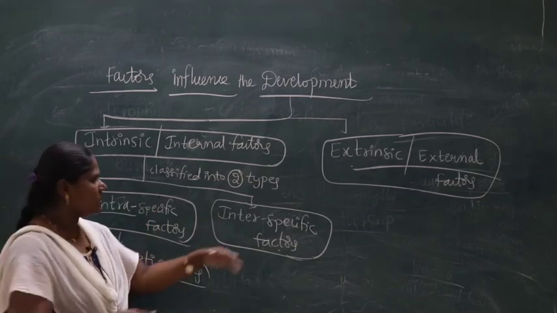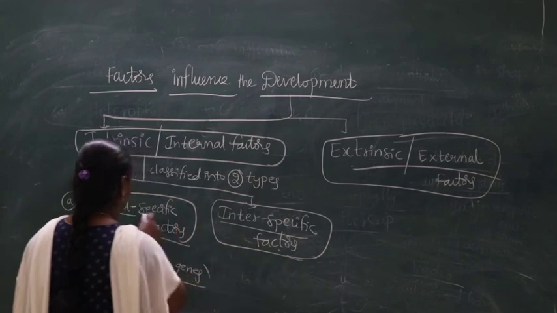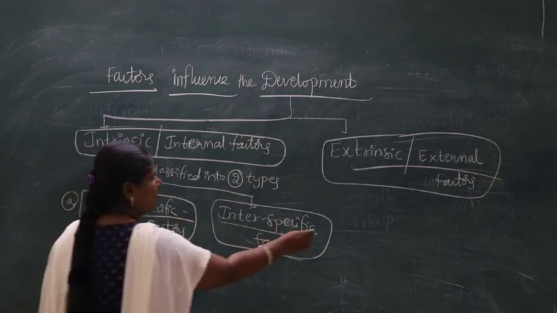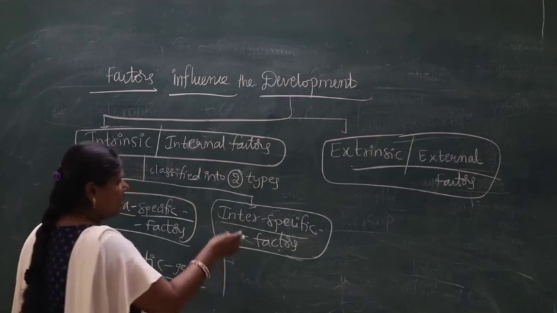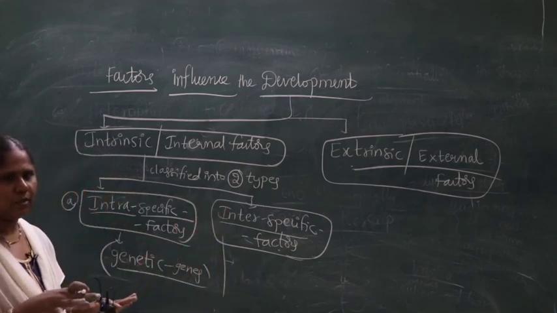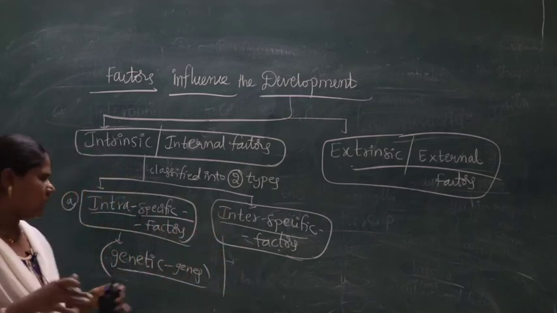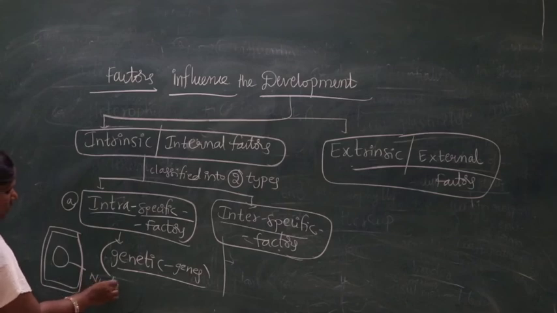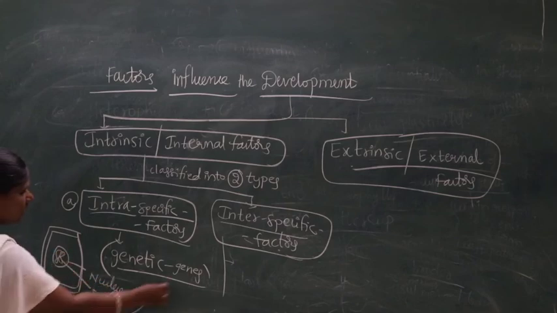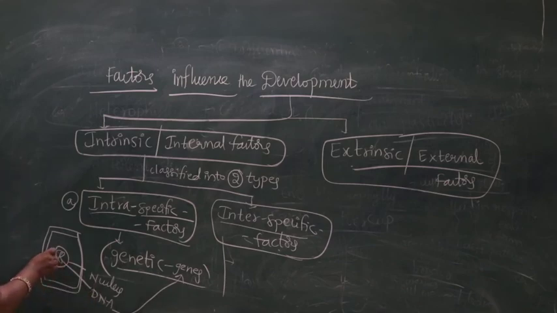Then what are interspecific factors? Interspecific factors are produced in between two cells, in between one cell and another cell. Within the cell you find the nucleus, the nucleus contains DNA, and on the DNA genes are present, and genes will decide.